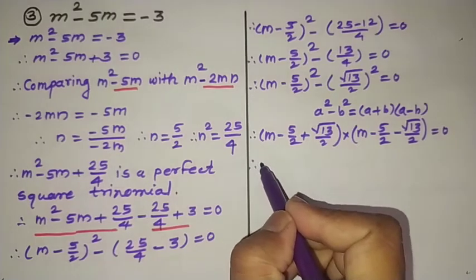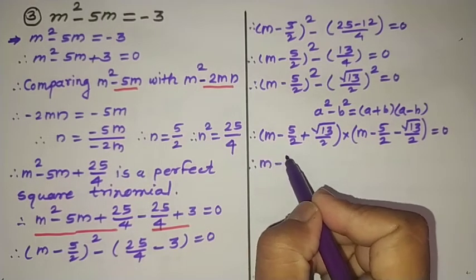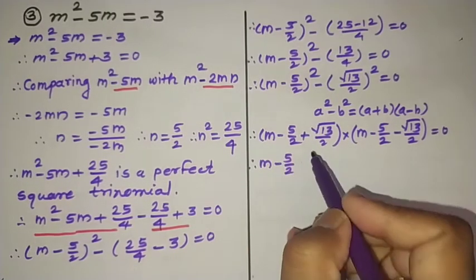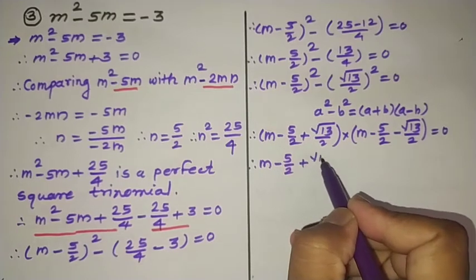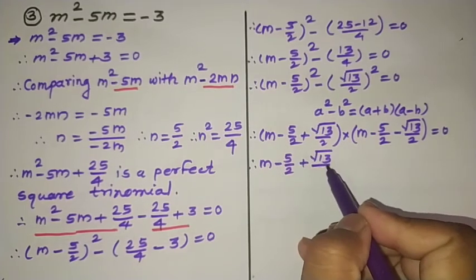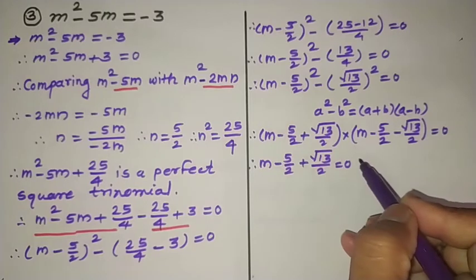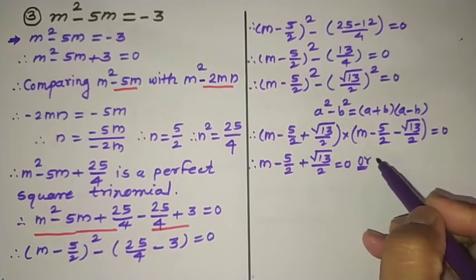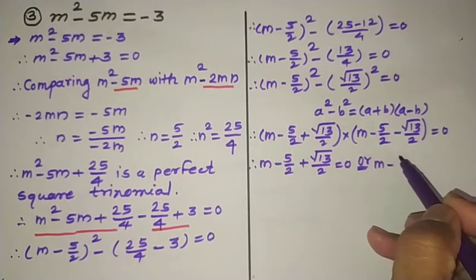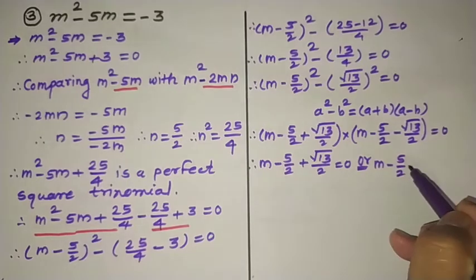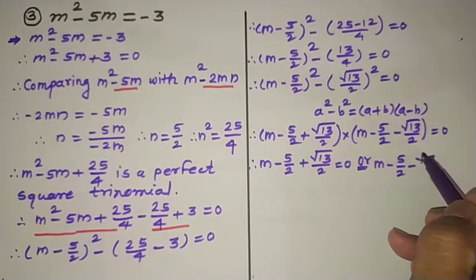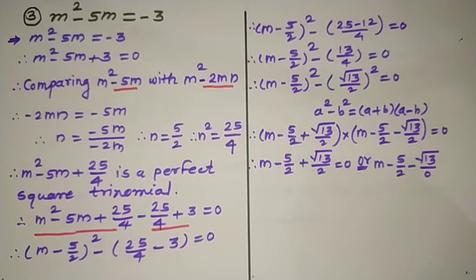Therefore m minus 5/2 plus root 13/2 is equal to 0, or m minus 5/2 minus root 13/2 is equal to 0.